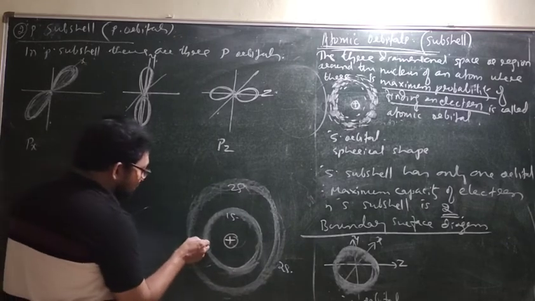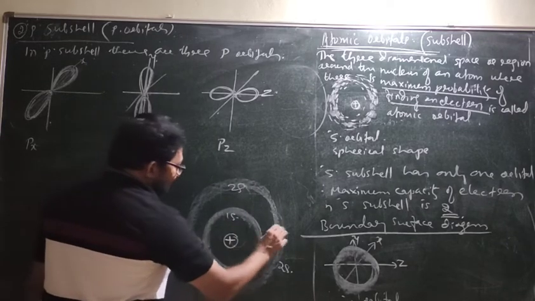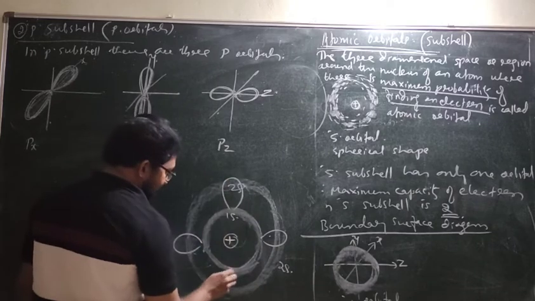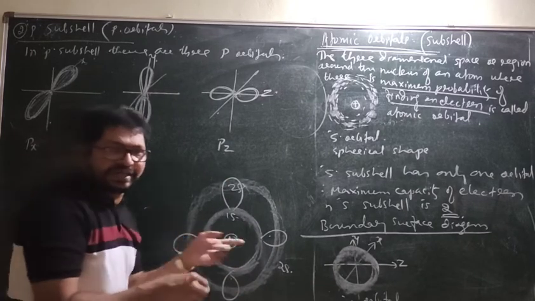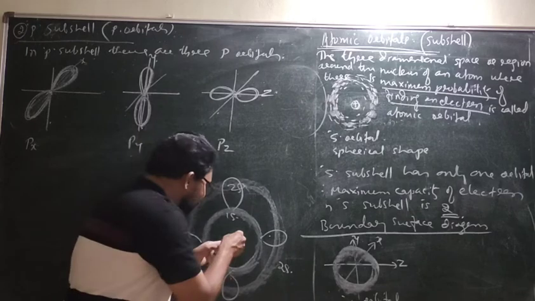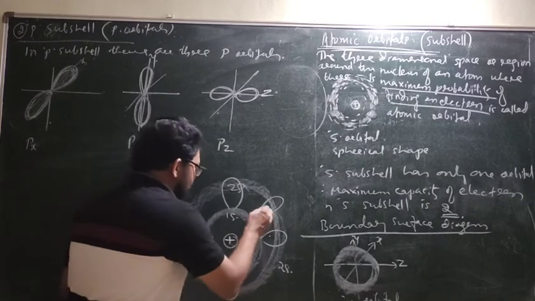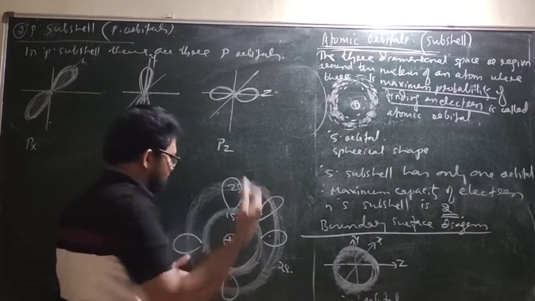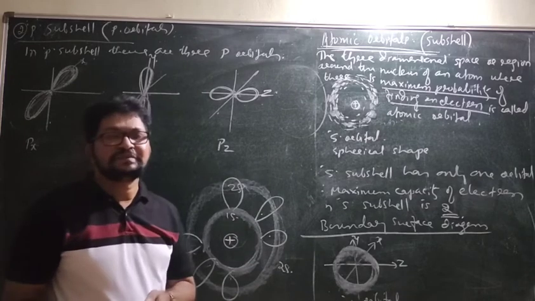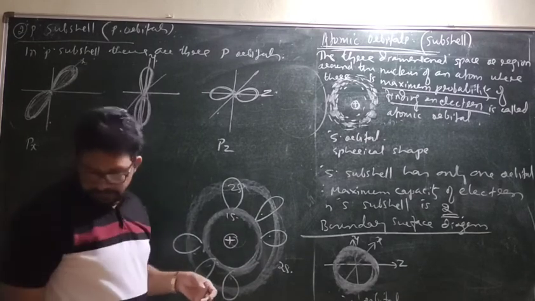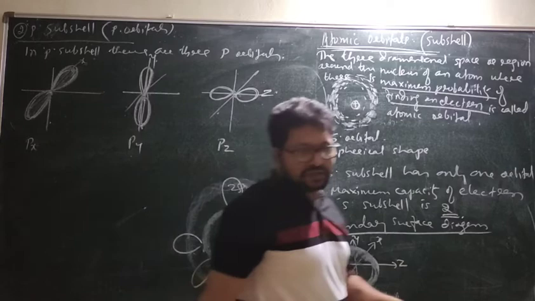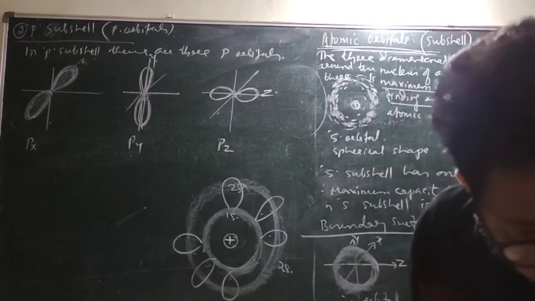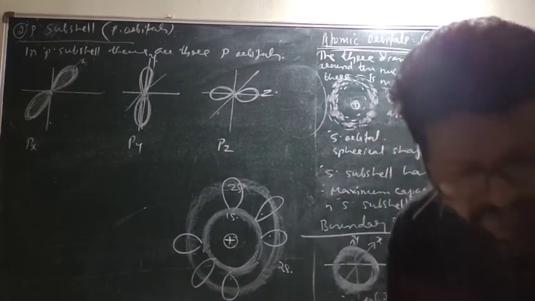That is why, coming out of the board and going into the board, Y, Z axis. When you take a photograph, it comes here, like this. I'll hold the chalk, look at this, you will understand.